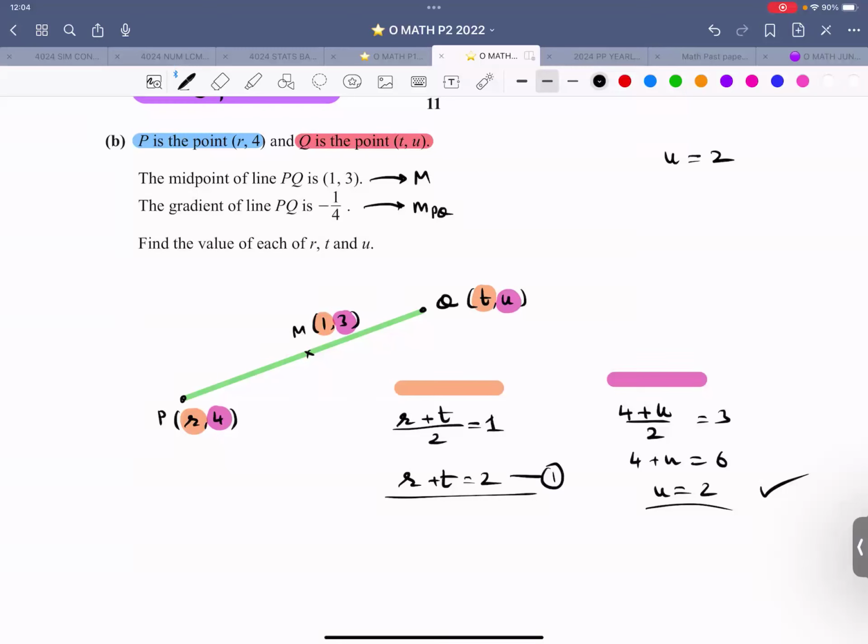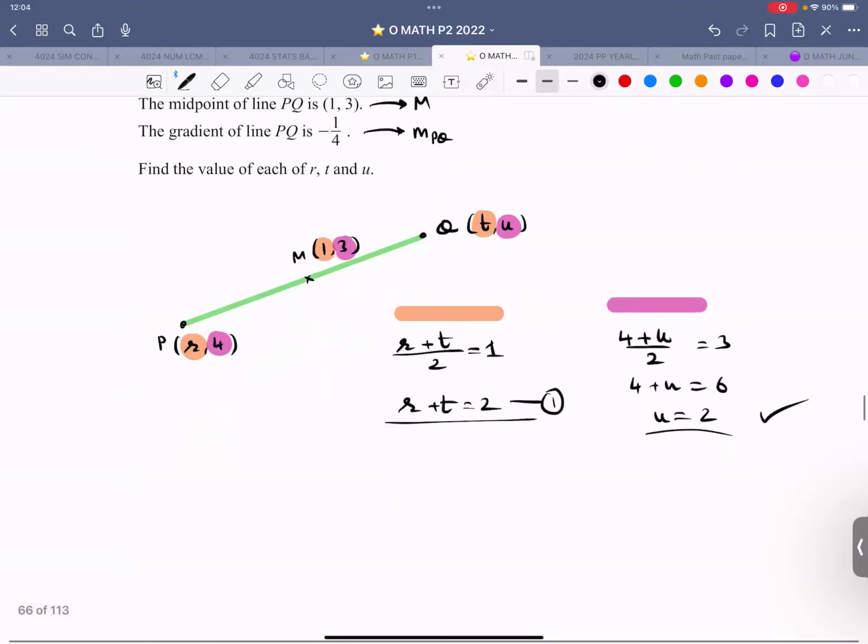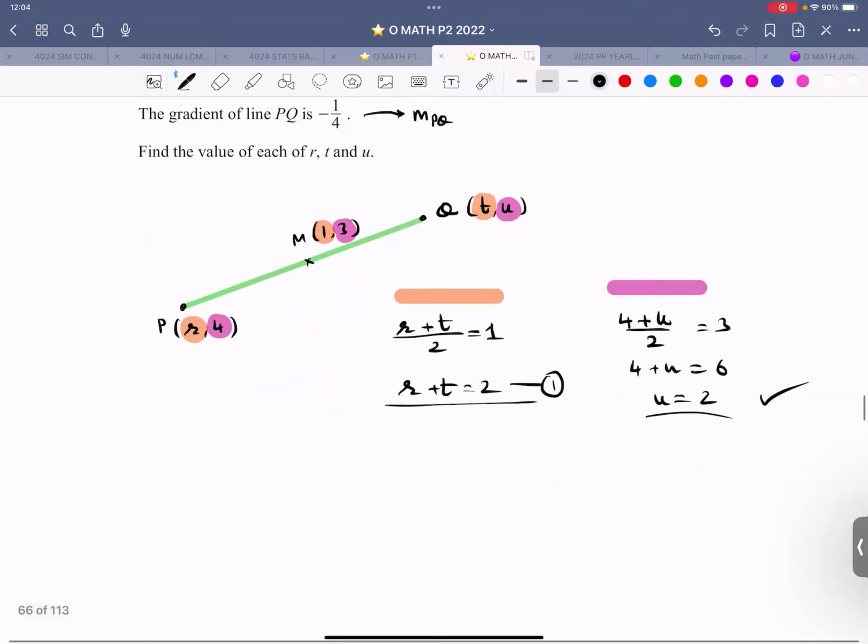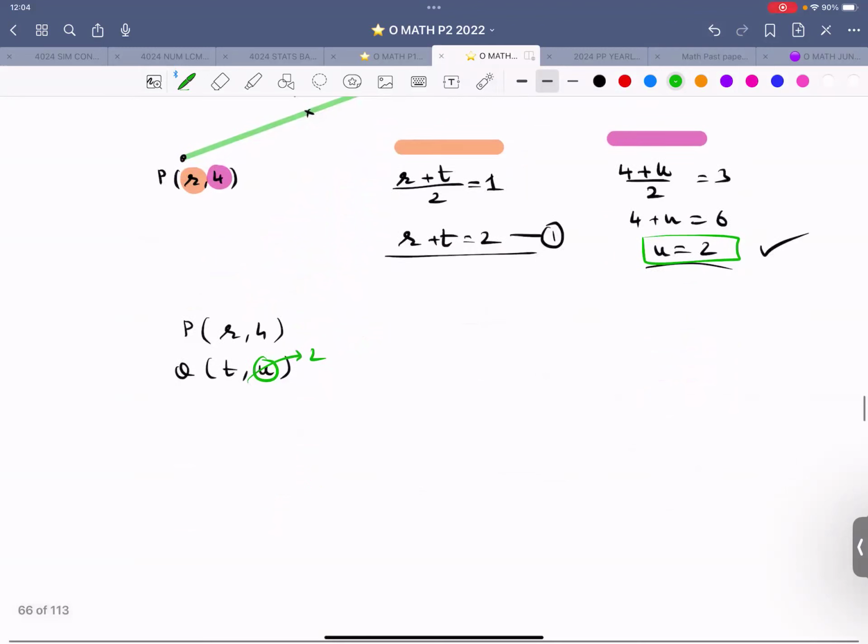That is found. Now, this is equation 1. Let me label it. The second equation will be about the gradient of line PQ, which is negative 1/4. P is (R, 4), Q is (T, U), and now U is known, U is 2. And this gradient is negative 1/4.